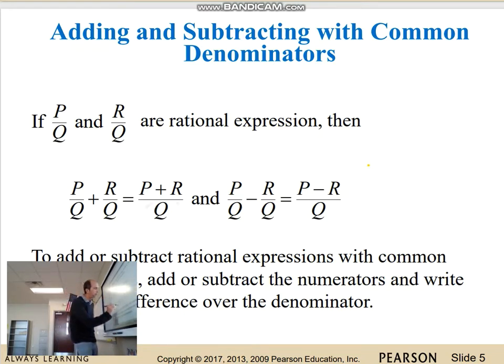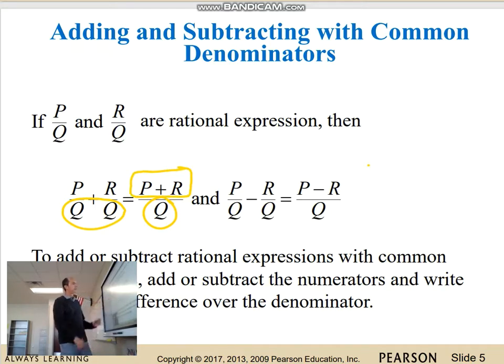You keep the denominator q, because they are like denominators, and you add the numerators. The answer is the rational expression p plus r on the numerator and q on the denominator. The same thing you do with subtraction. If you have p over q minus r over q, you subtract the numerators and keep the denominator.